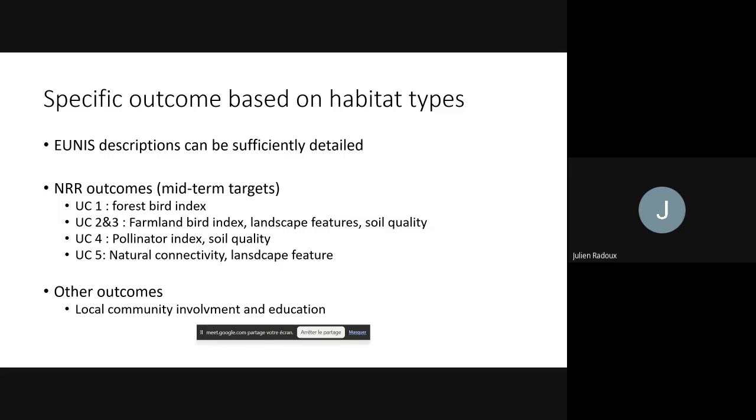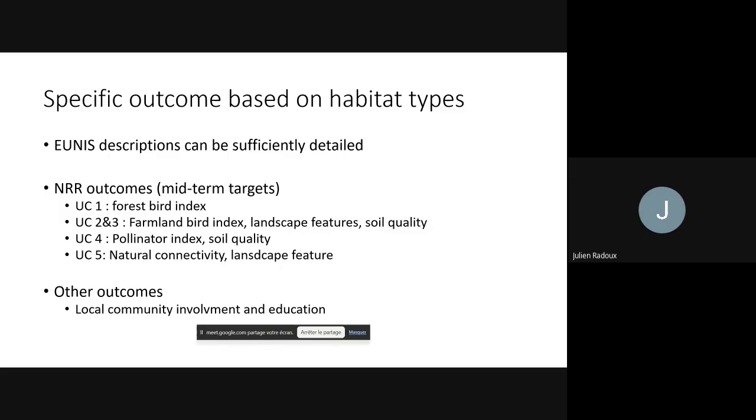Most of the use cases that we have in this project are not directly working on EUNIS habitats because, for instance, for croplands, there is no EUNIS habitat of croplands. We do have some EUNIS habitats in grassland. We do have some EUNIS habitats in forest.